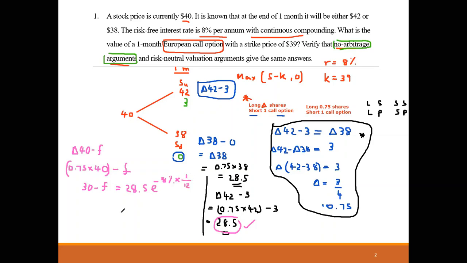So based on this, calculate and tell me what is the option price that you get. What is the value of the option? Solve this. Yes, so the value of the option would be, if I take F to the other side, 30 minus 28.5 e to the power minus 8% into 1 over 12.